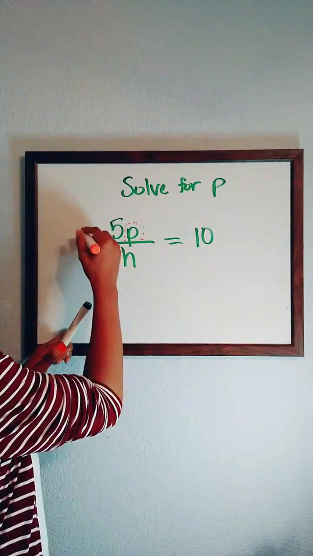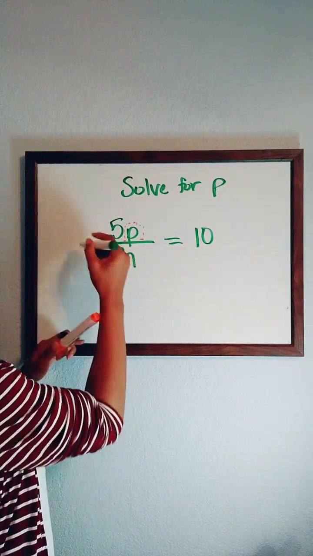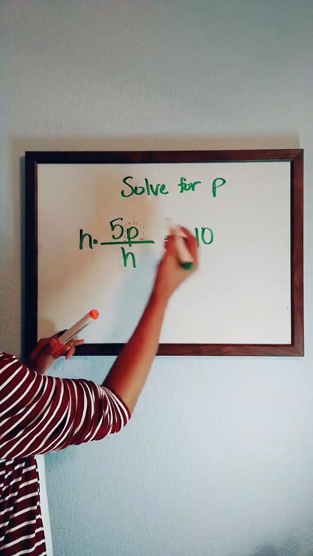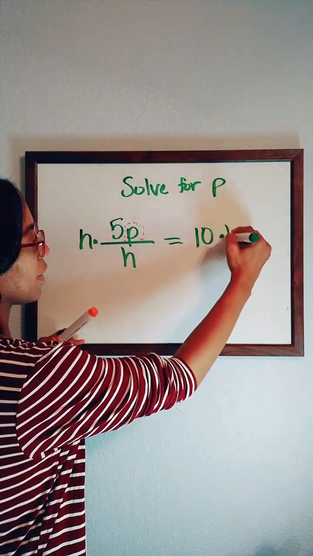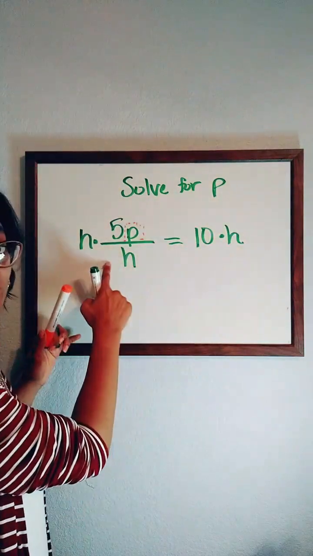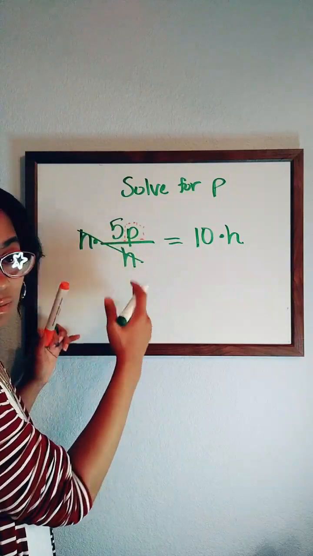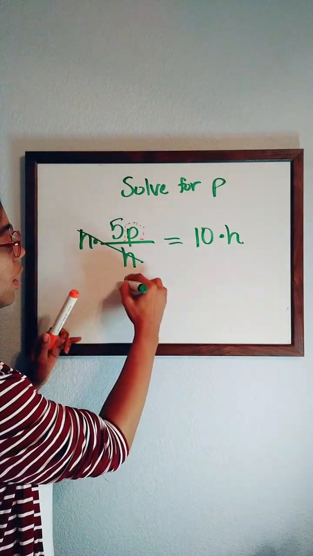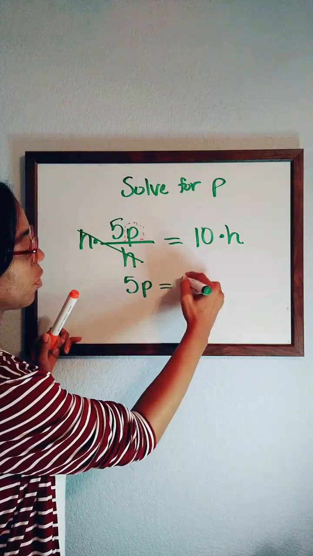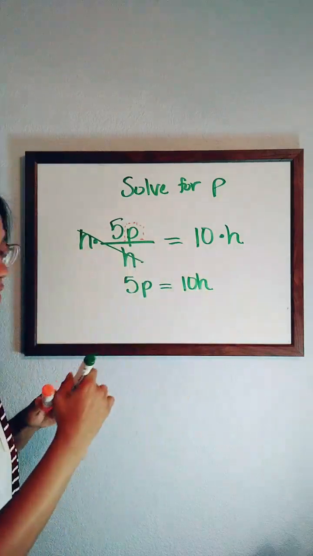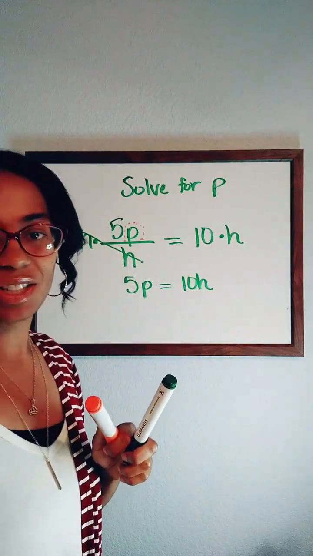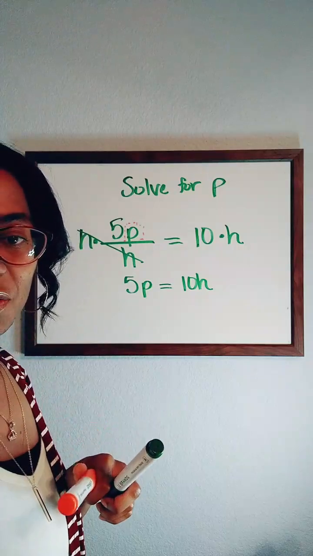So I'm going to multiply this side by H, and I'm also going to multiply this side by H. When I multiply the same thing in the numerator and the denominator, it's going to cancel out. I'm left with 5P is equal to 10 times H. Very good, everybody.